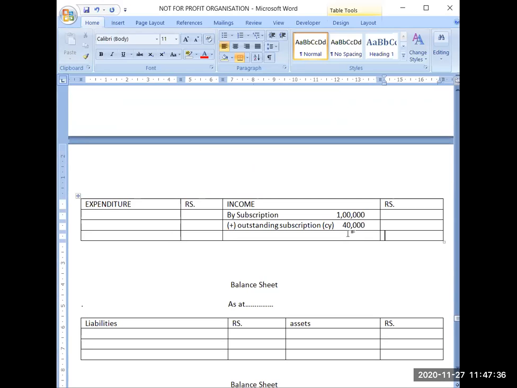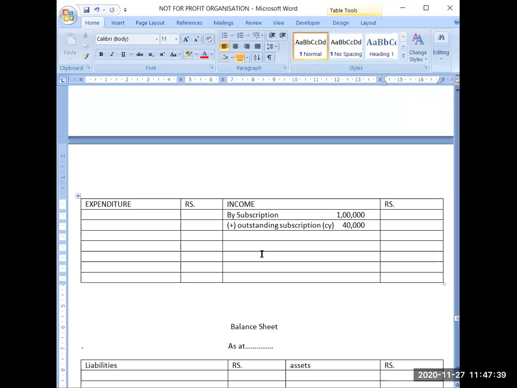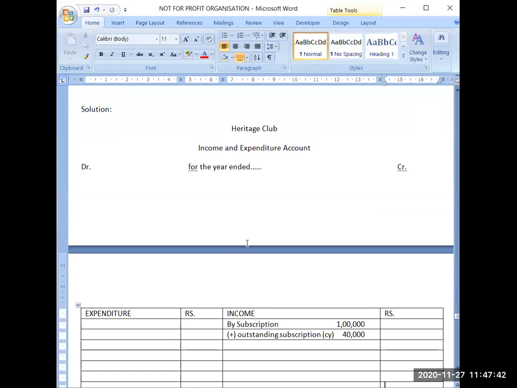So if we will add it, then further we have to add what?